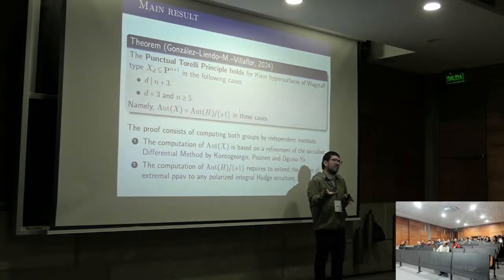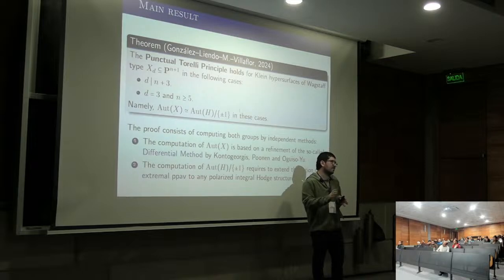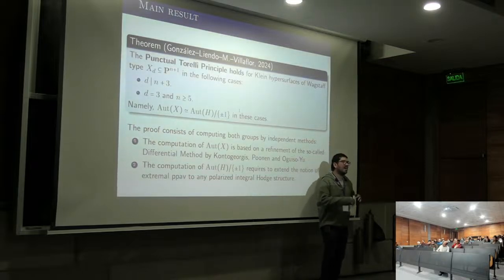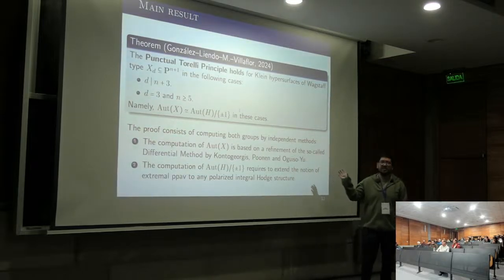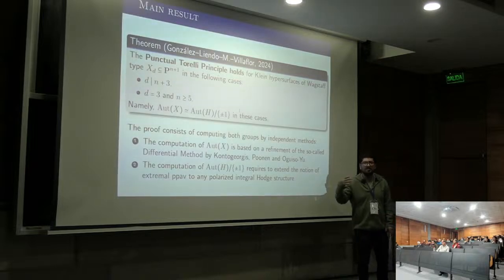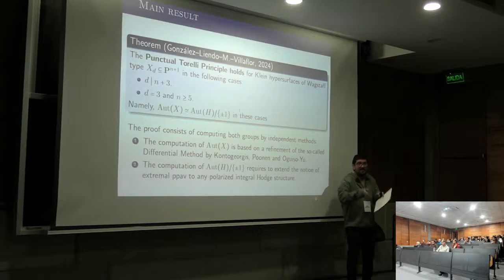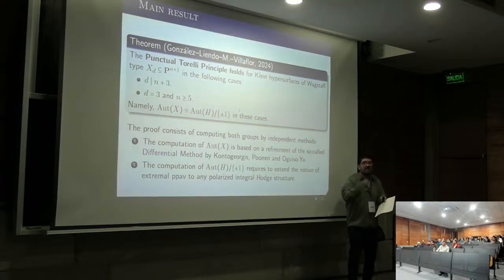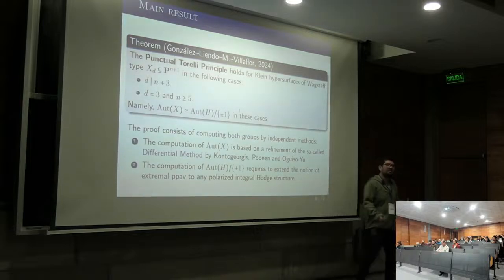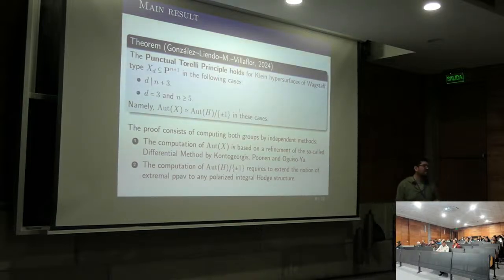And once you know that, it's quite easy to compute the full automorphism group. And we have a very effective criterion that tells you that if the shape of your polynomial verifies something, which is very precise actually, and you can really check it, then the automorphism group is generated by these pseudo-permutations. That's interesting on its own because it gives a method to compute a lot of automorphisms of many classes of hypersurfaces.